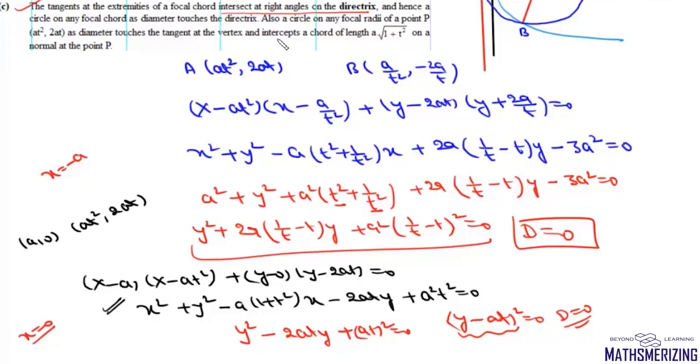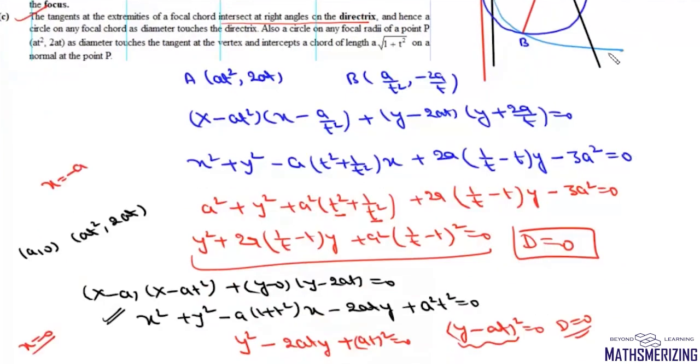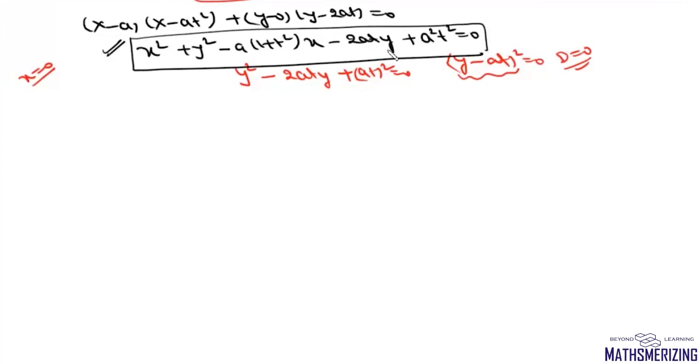Now we'll also need to prove that this circle intercepts a chord of length a under root 1 plus t square on a normal at point P. Now we draw a normal at this point P. Then we need to find the length of this chord. What we have now is the equation of this circle, which is x square plus y square minus a(1 plus t square)x minus 2aty plus a square t square equals 0.